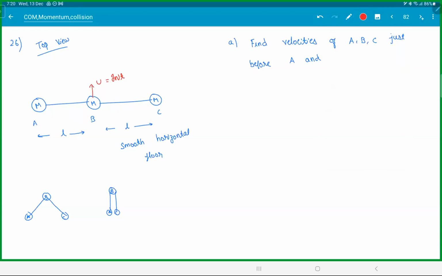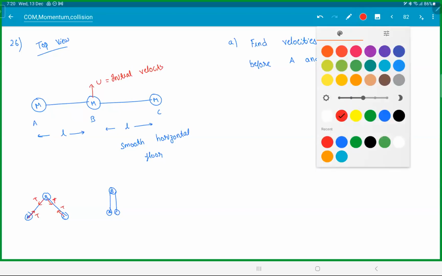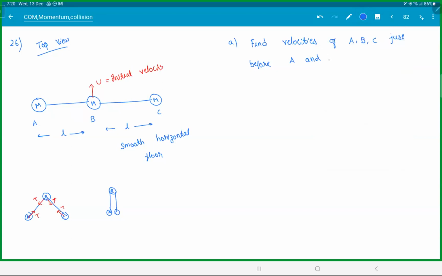Someone kicked it. It means B's speed will also decrease. And if you think about it, tensions are pulling this way, so B actually slows down. A and C will actually speed up. Find the velocities of A, B, C just before A and C collide.